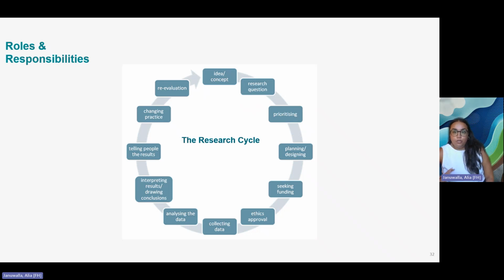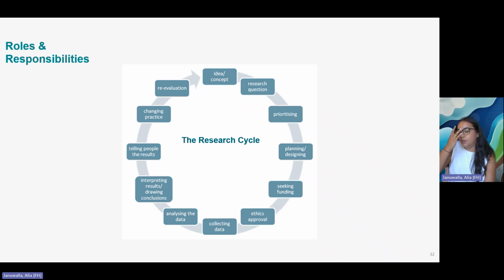This diagram shows the research cycle, and we typically use it to illustrate places where patient partners can contribute to projects, which is everywhere. And so today I want to highlight there's a lot of other responsibilities that also exist outside of the cycle. Project management, coordination, and communication of project personnel and participants and other vital roles that need to be accounted for.